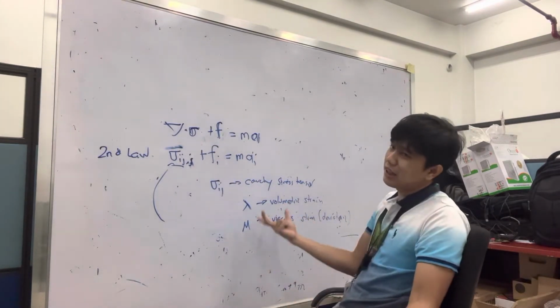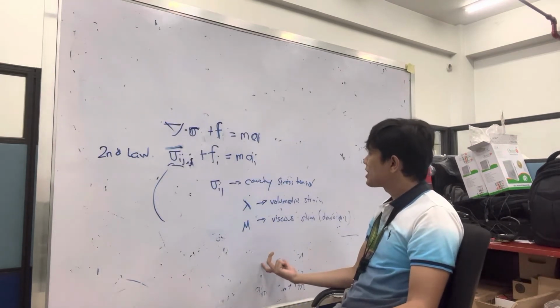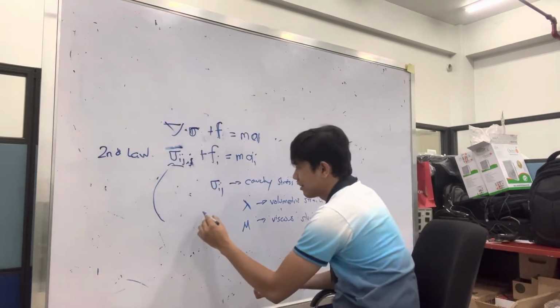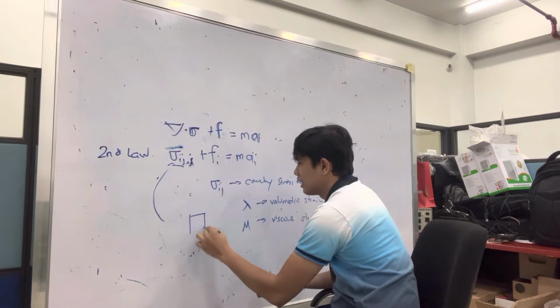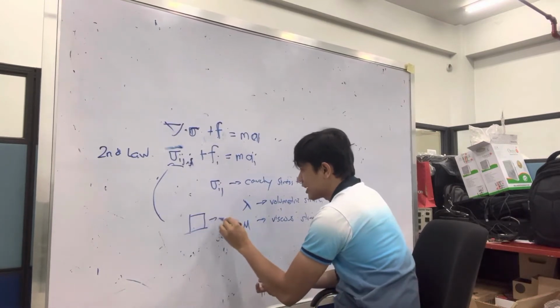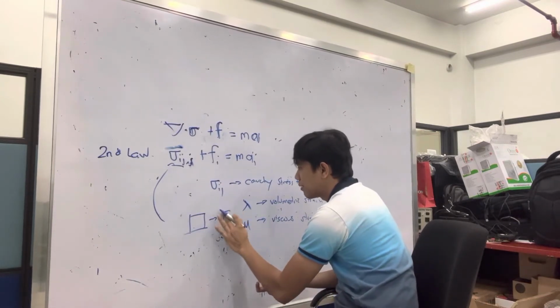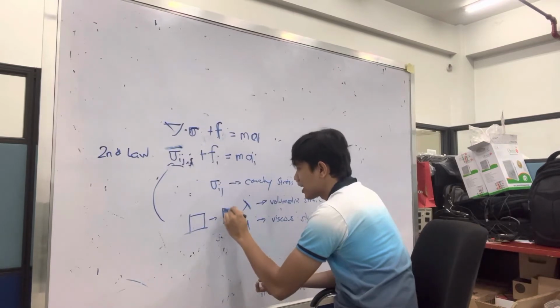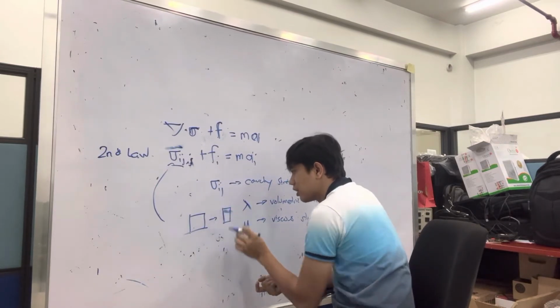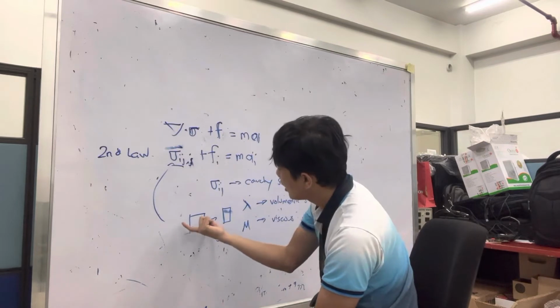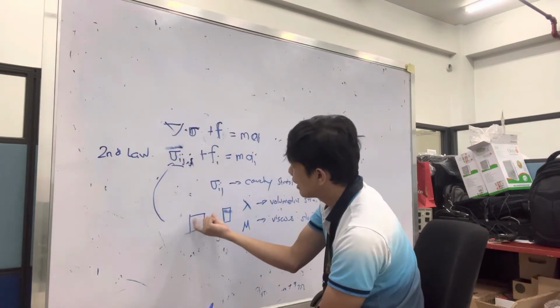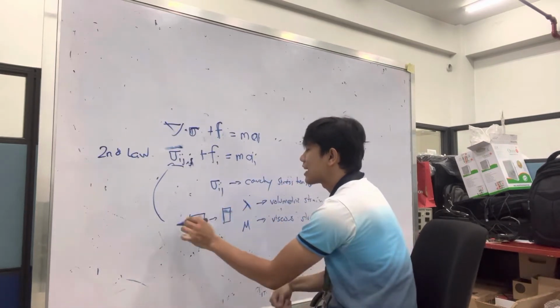Anong kaibahan ng dalawa? So, kapag sinabi mo na volumetric na strain, ibig sabihin, from the initial state, nagbago yung overall volume niya. So, nag-shrink siya, halimbawa, to its side, ibig sabihin, meron kang volumetric strain na negative along this axis here.